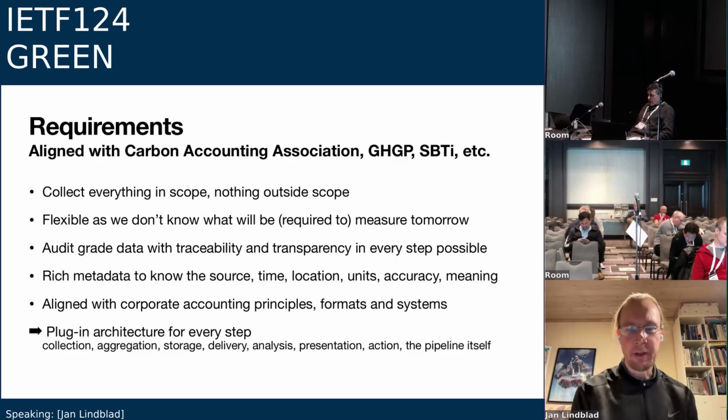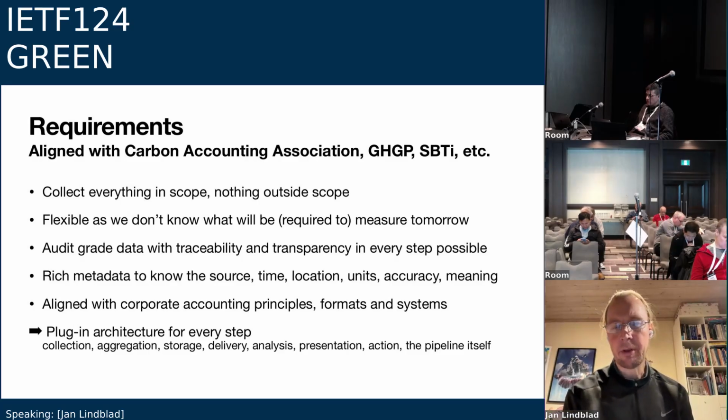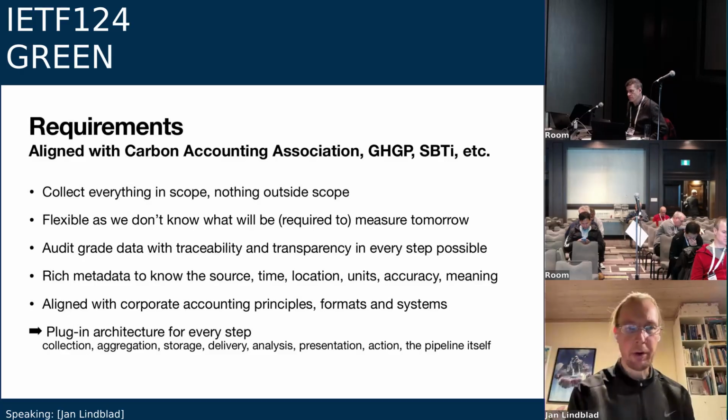But the pipeline itself needs to be configurable, so that you might have several collection stages or several aggregation stages, several storage, delivery, analysis stages. You can skip some of those stages. And at the end, you need some sort of action that can control where power is spent to reduce the power.